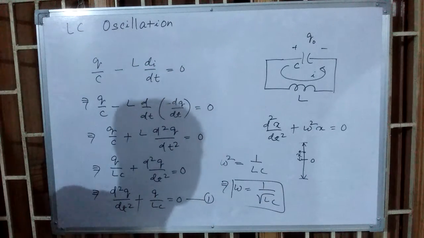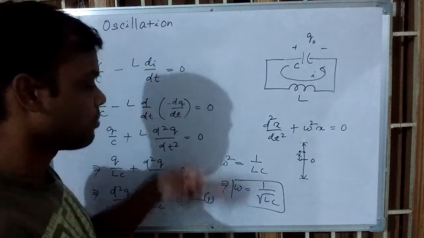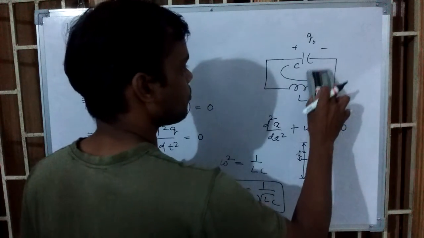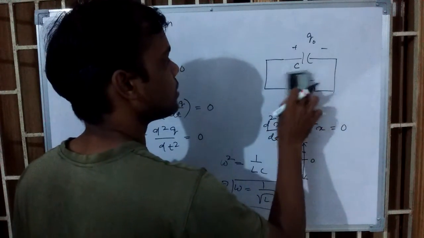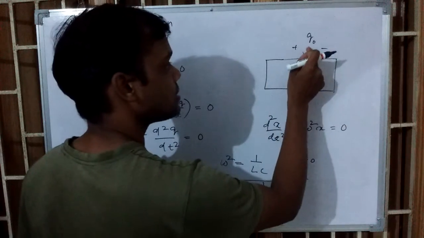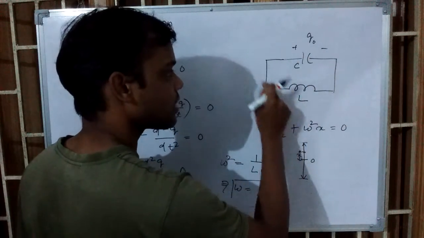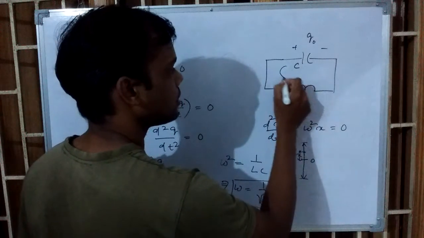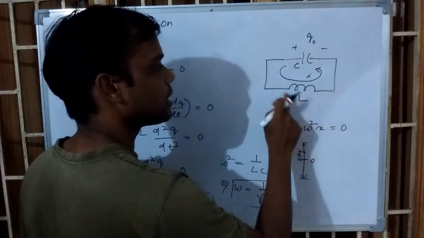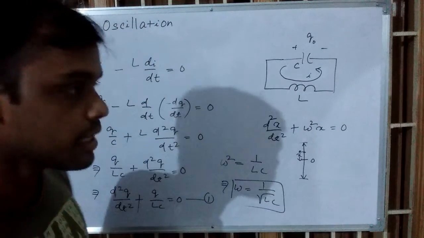Okay. Now come to the circuit. How it operates in this manner, we shall try to understand. Suppose initially the charge is like this. Now of course this capacitor will supply current in this manner. That means current will flow in this direction. If current flows, then the inductor is also an energy storing element.